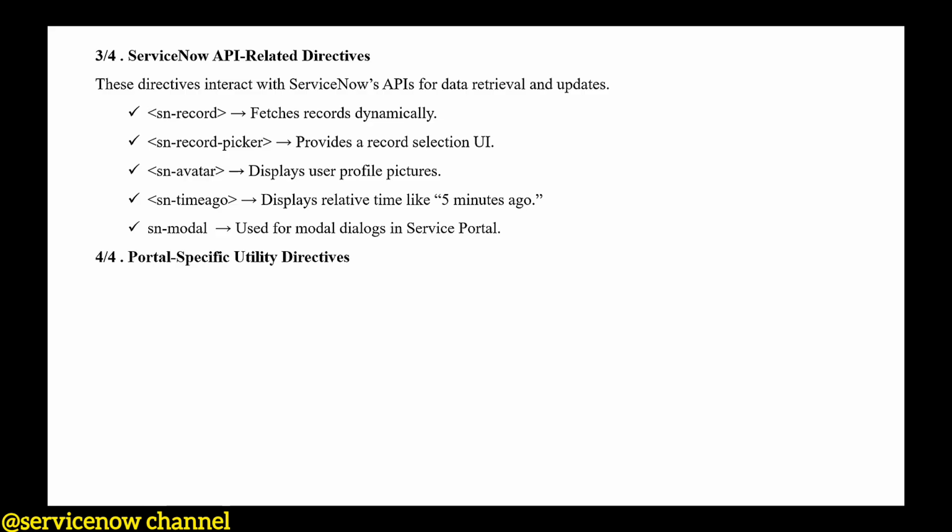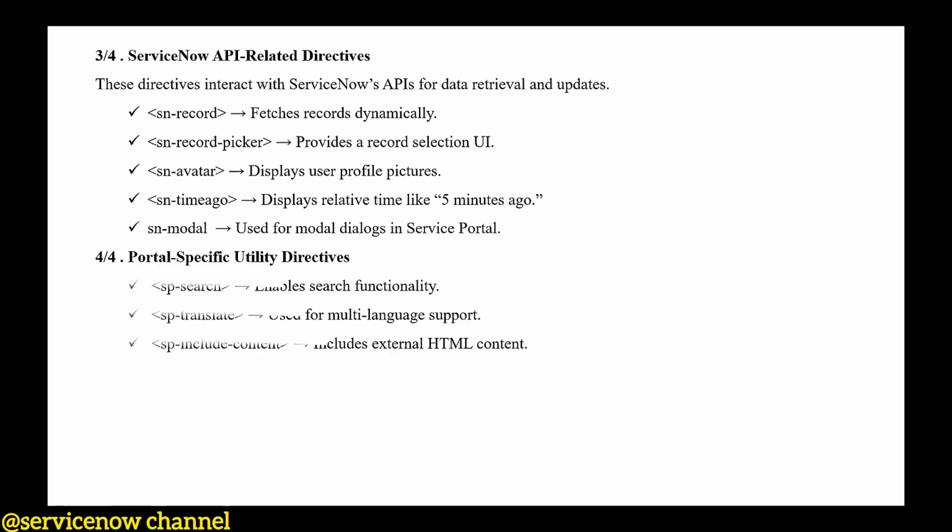Next we have portal specific utility directives. Here we have three directives. We have selected these three for portal specific utility directives. For this we have sp-search, which enables search functionality, and sp-translate.